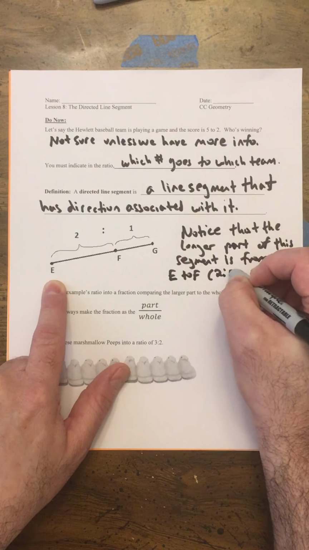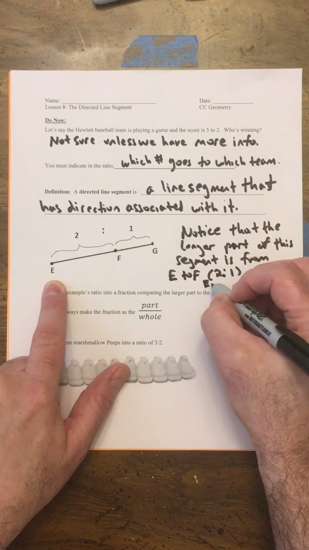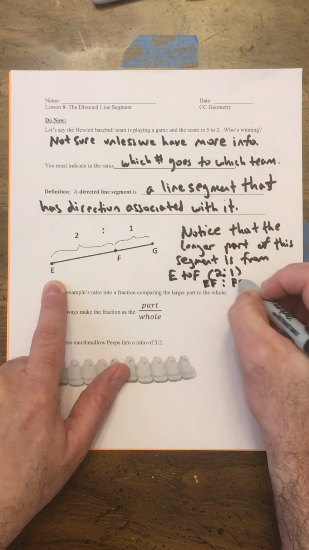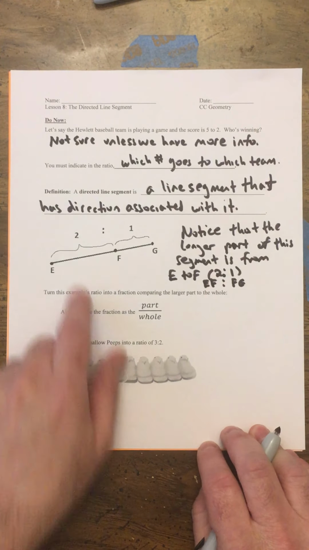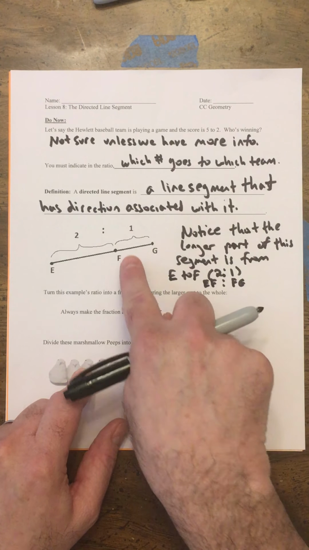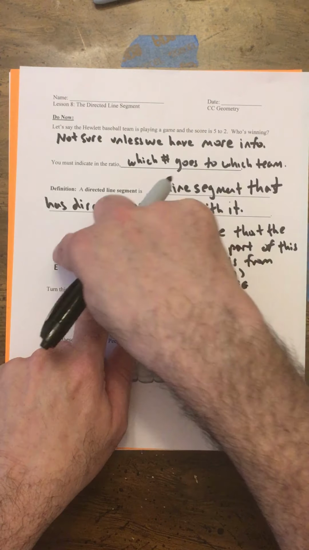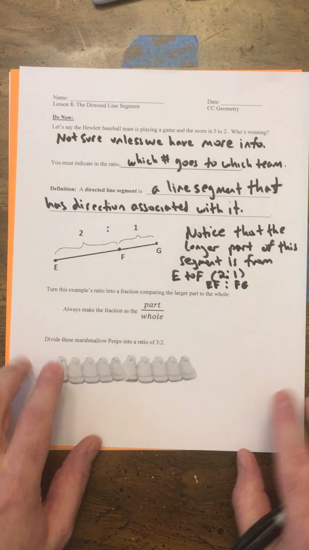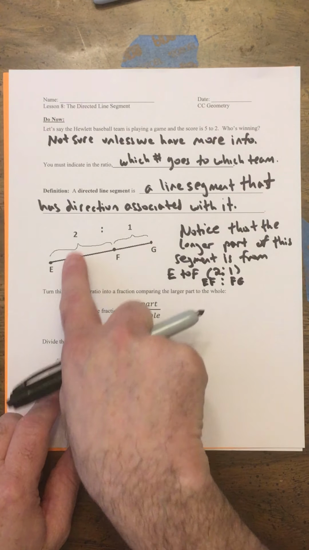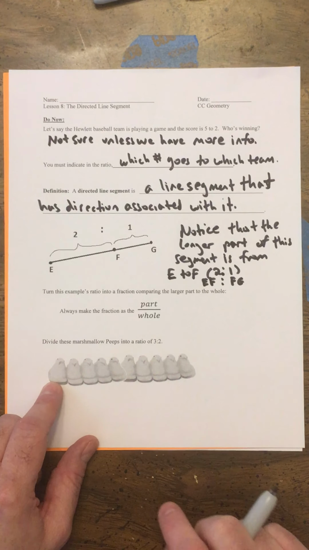That's the 2 to the 1. The EF compared to the FG. Okay? That's important because maybe if you wanted it to be 1-2, this point would have to be further so that this portion would be smaller and that portion would be larger. But in this case, it's clearly this is the larger portion, this is the smaller portion.